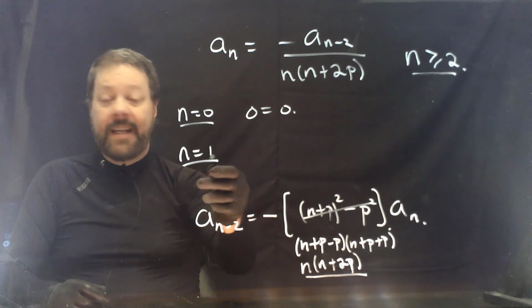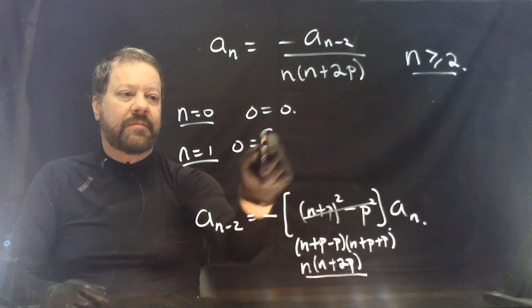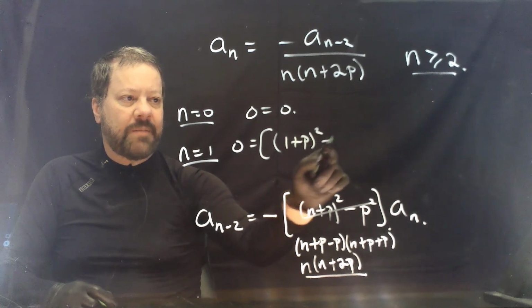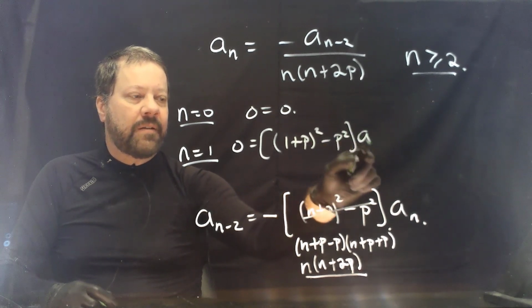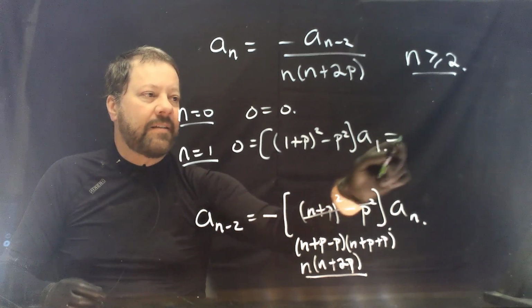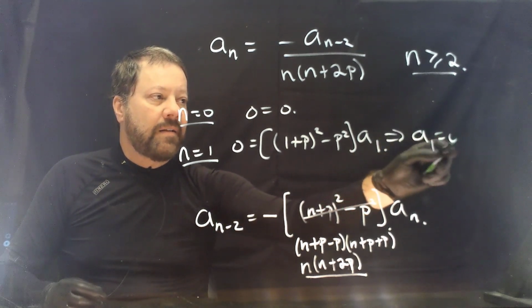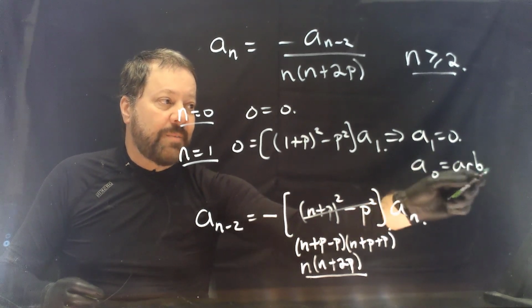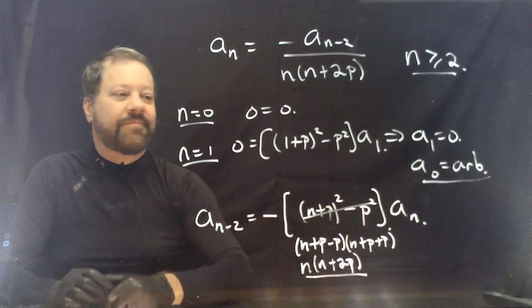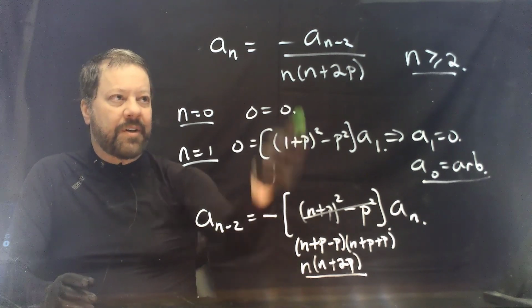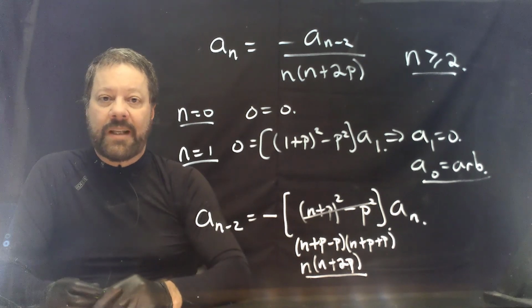In the n equals 1 case, we get 1 plus p squared minus p squared, a1. And this implies then a1 is 0, a0 is arbitrary from the first equation.